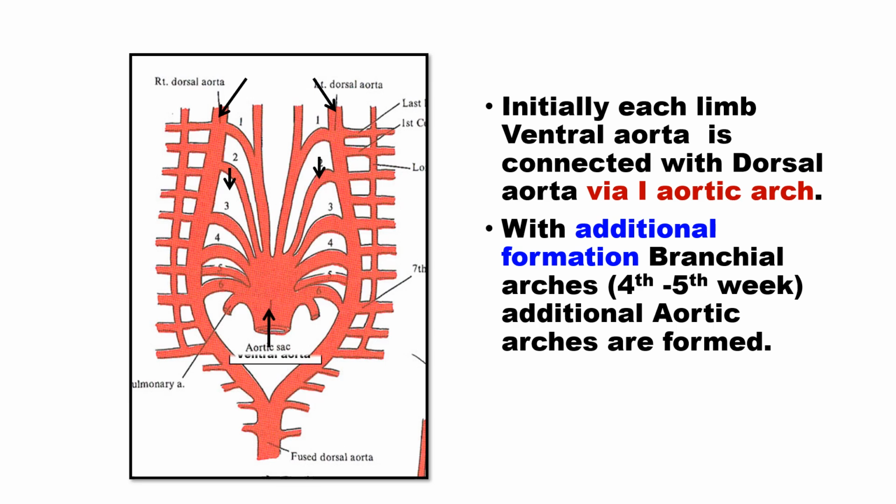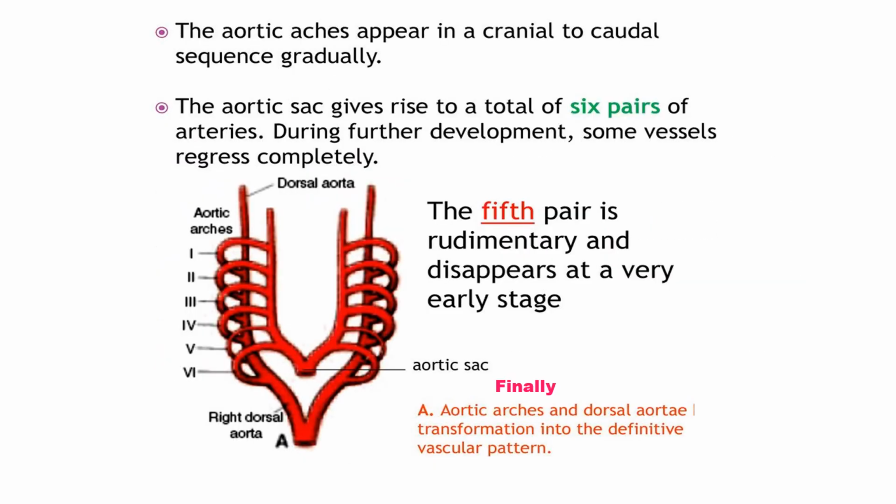So initially, each limb of the ventral aorta is connected to the dorsal aorta by the first aortic arch, with additional formation of branchial arches between the 4th and 5th week. Additional aortic arches are formed, about 6 pairs. Aortic arch arteries appear in craniocaudal sequence.